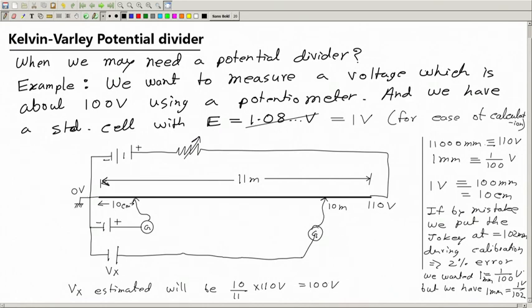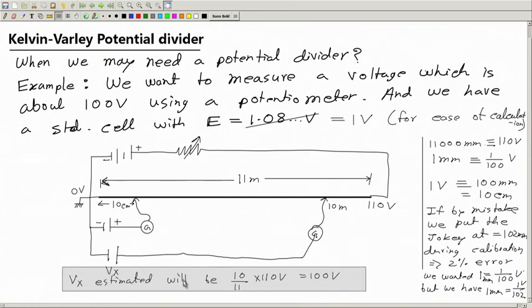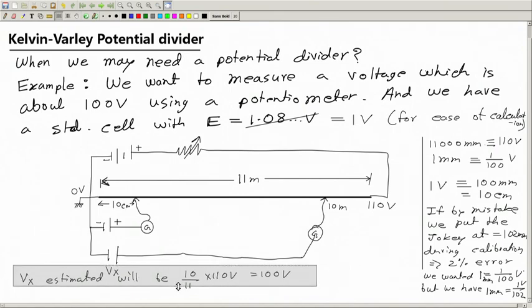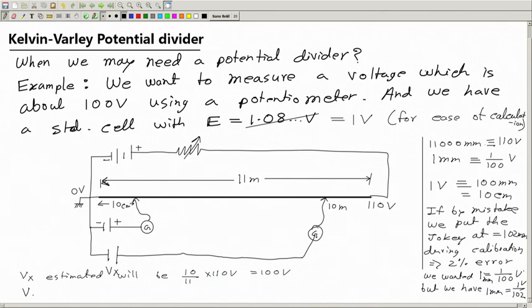So, this is Vx estimated, but Vx true will be, we have the null at 10 meter, 10 meter means 10,000 millimeter, and 1 millimeter is equivalent to 1 over 102 volt.